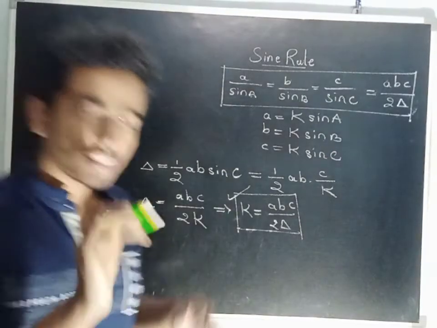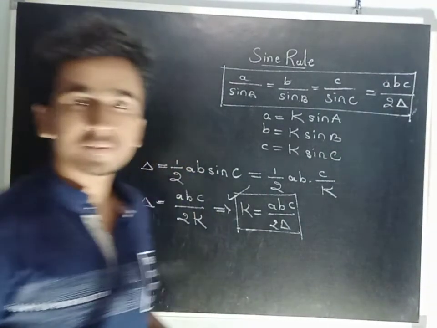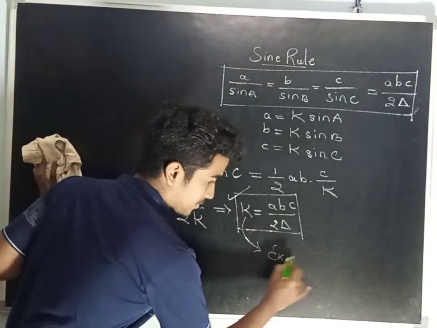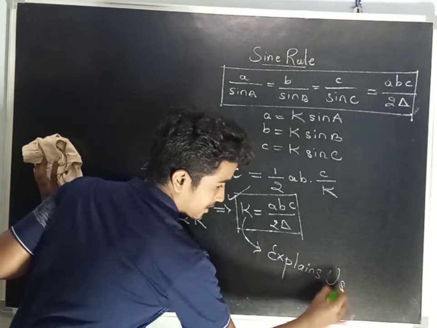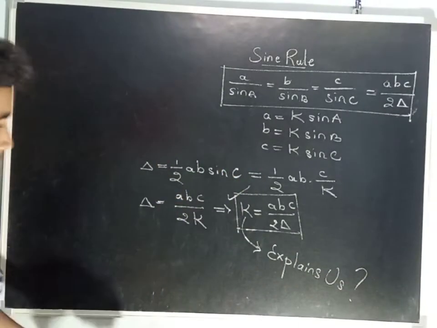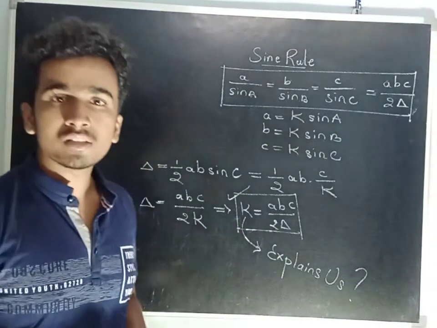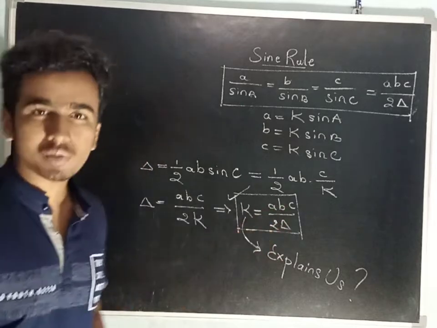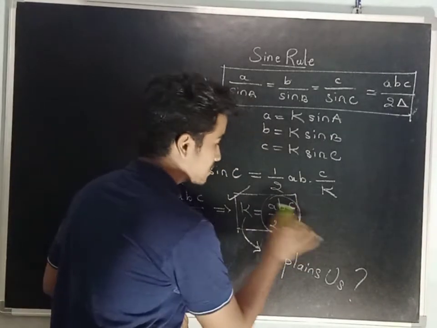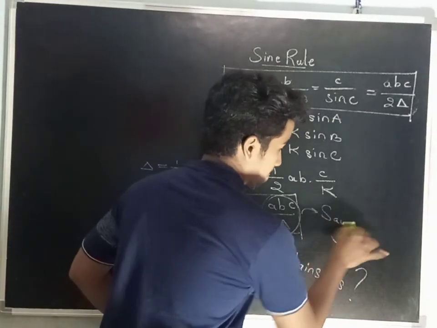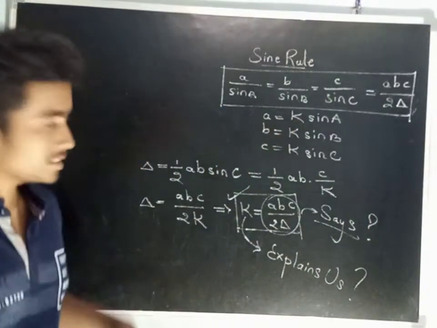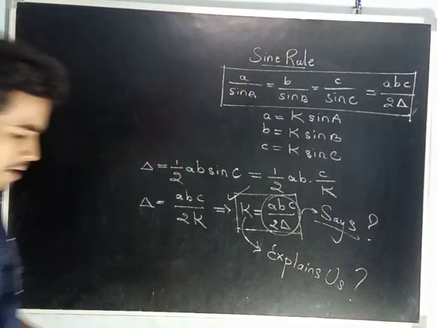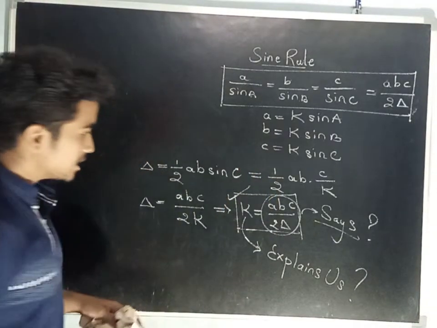What does this k say to us, is it giving any extra value? We have got that k is equal to abc by 2 delta. What does this expression say? That is my question. In this video, I am going to make clear the constant k.